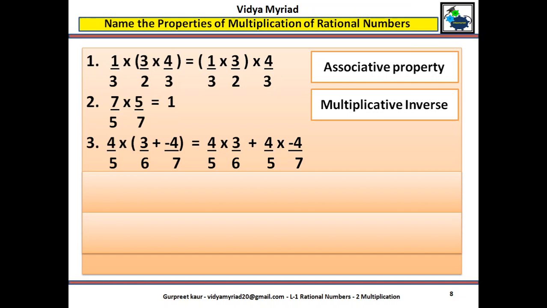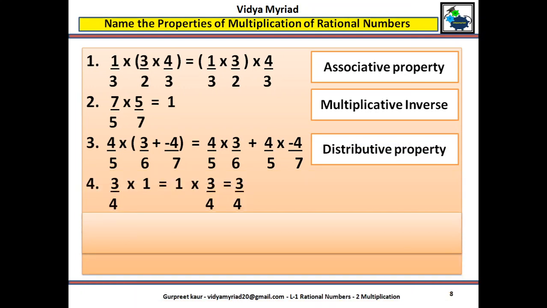You see, there are two signs of operation: there is multiplication also and there is addition also. That means simply it is a distributive property. You will open the bracket, distributing it in two separate groups. So I can clearly write that this example is the proof of a distributive property.